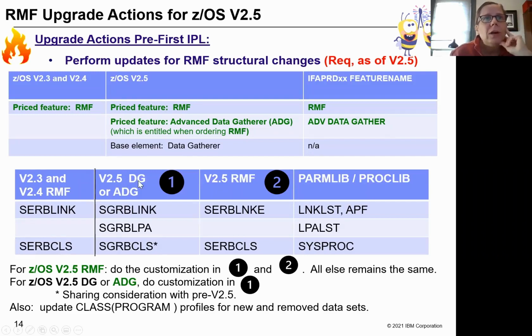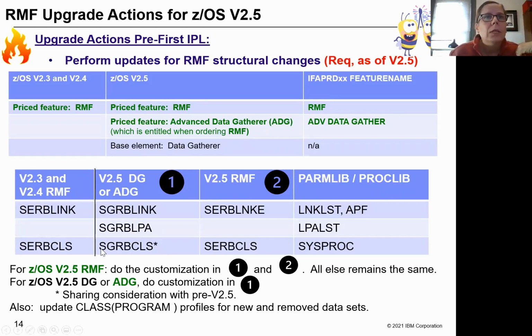So in 2.5, for the Data Gatherer and the Advanced Data Gatherer, we've got new data sets. It's SGRB link and SGRB LPA. So you need to put SGRB link into the link list and APF authorize it. And you need to have SGRB LPA in the LPA list. So that's something that you've got to use if you're a Data Gatherer or an Advanced Data Gatherer user.